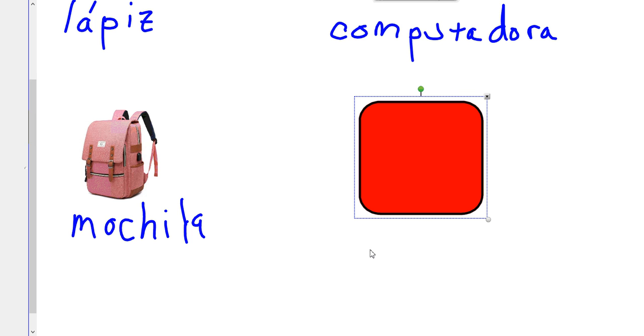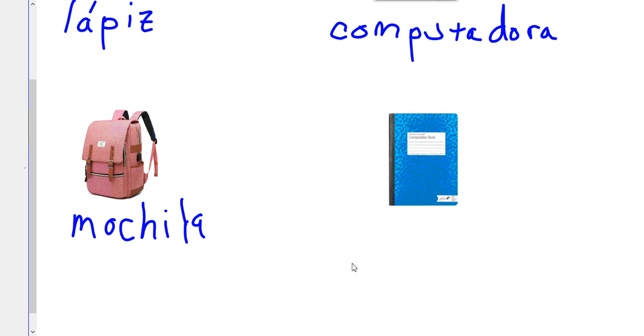Una vez más, C, U, A, D, E, R, N, O. Did you get cuaderno? C, U, A, D, E, R, N, O.